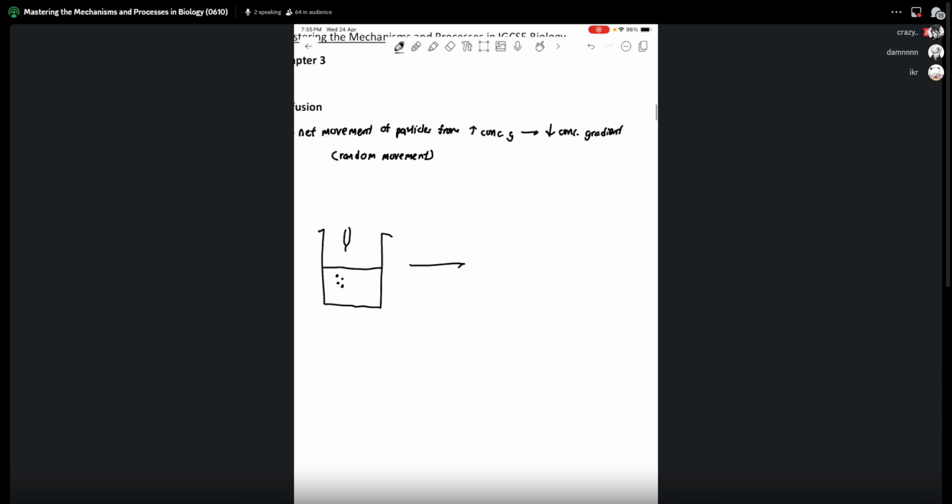So how diffusion works is that it starts to spread out, because they do not have a fixed shape. They won't be staying static like that. It will move and spread out. So if this is blue color, the whole entire solution will become blue in color. So this is called diffusion.